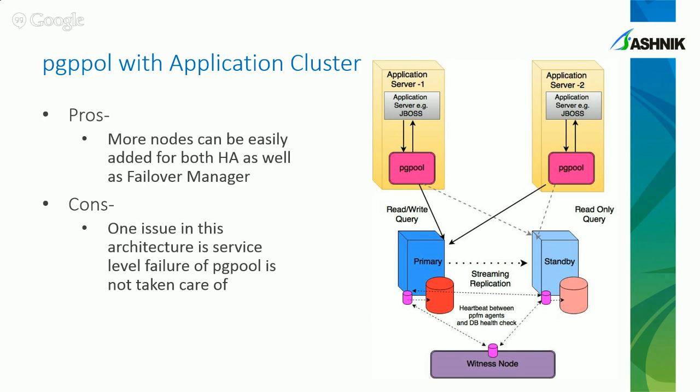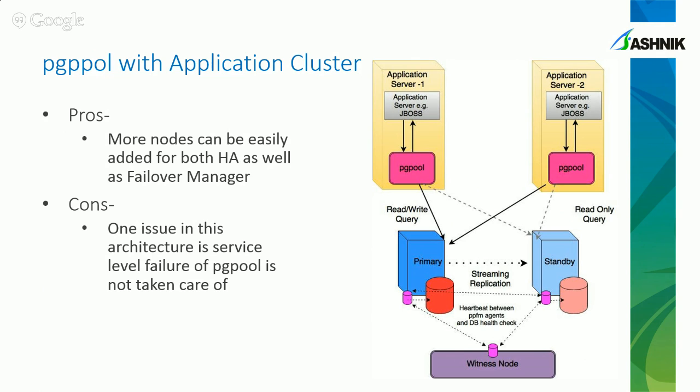Now, the only issue is pgpool. If there is a service level failure like what I explained earlier, then just because your pgpool has failed, you lose that application server as well. There is no safeguarding, or no way that you can get rid of that issue in this architecture. But it is much more scalable.